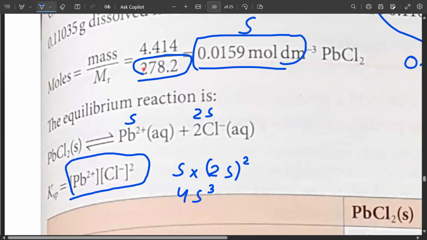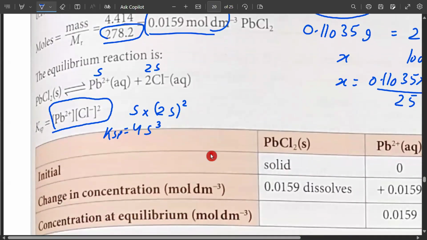Now KSP is equal to 4S cube. Now you have to find the S value from here. So S will become KSP divided by 4 and cube root. Don't we have S?